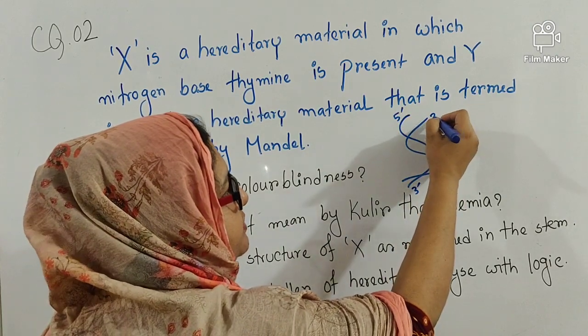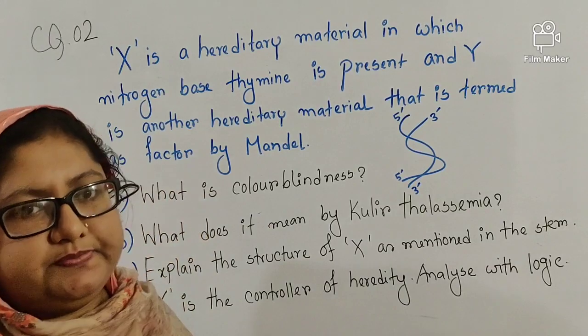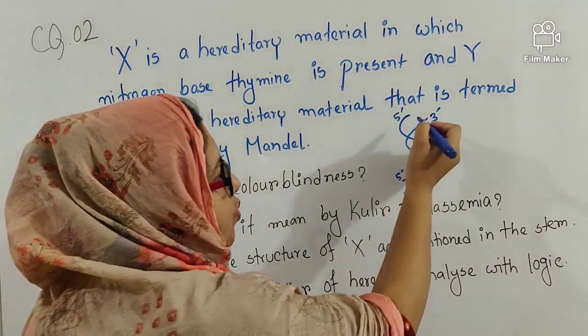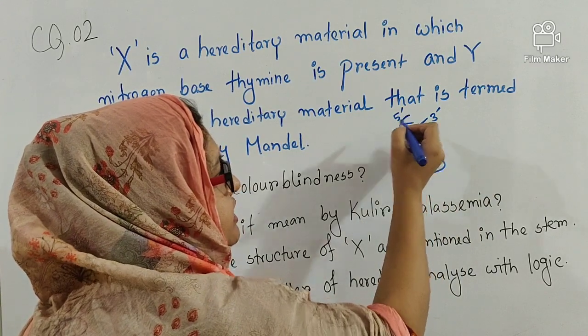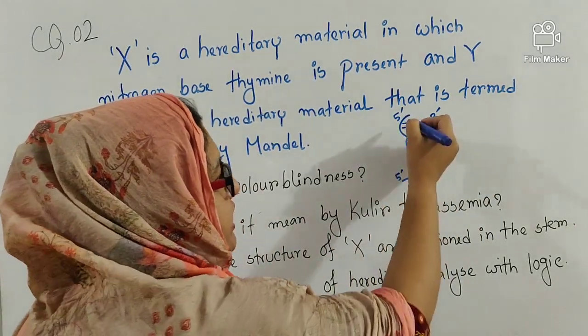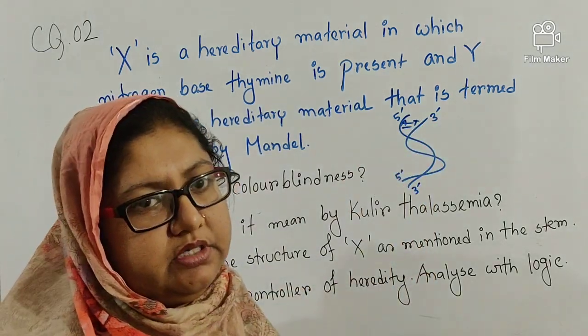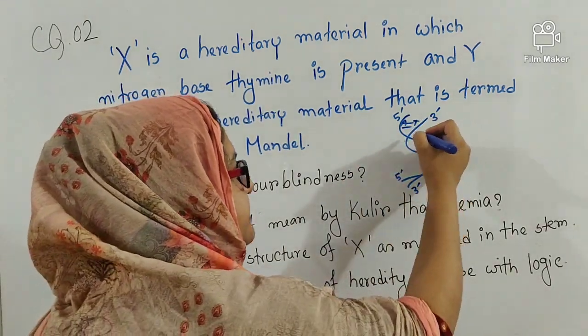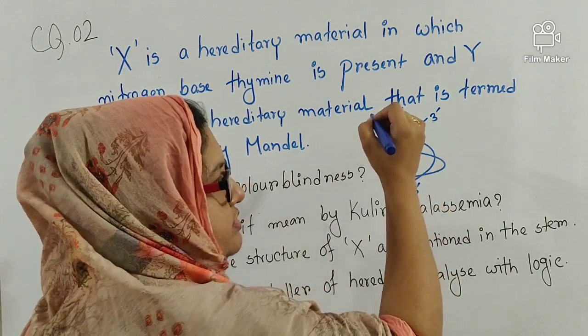Then the other will start from the 3' end and end at the 5' end. So, what is present in between these two strands? In between the two strands, nitrogen bases are present. Here, if adenine is present, thymine will be there. If cytosine is present in one strand, then guanine will be present in the other strand.